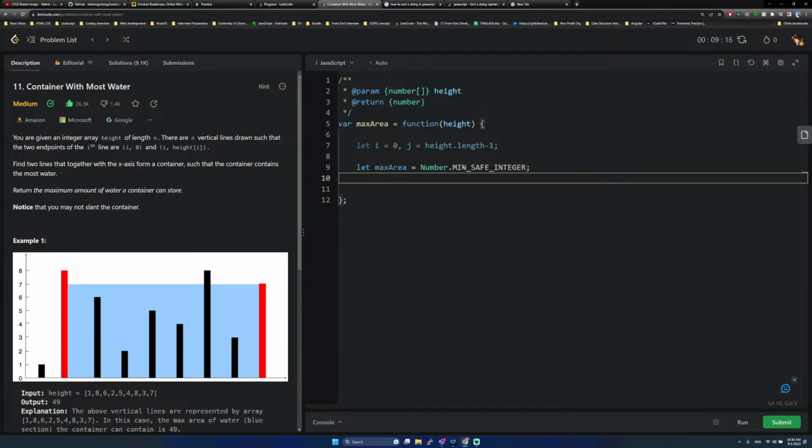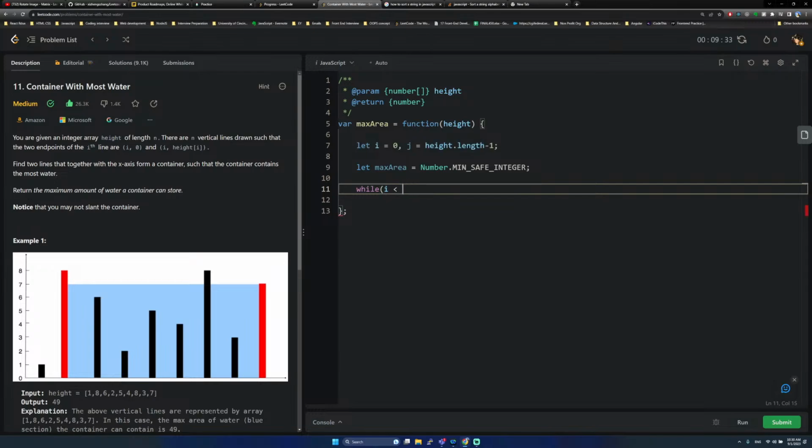I'm taking the minimum safe integer because we want to calculate the maximum area, so whatever area we first calculate will be greater than this minimum number. Eventually we'll get the maximum area.